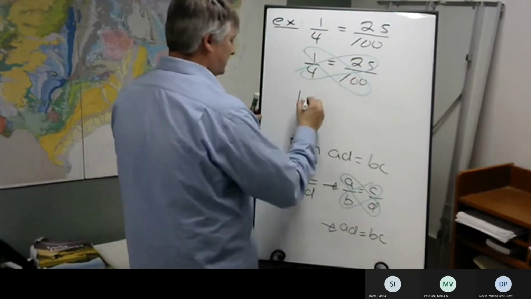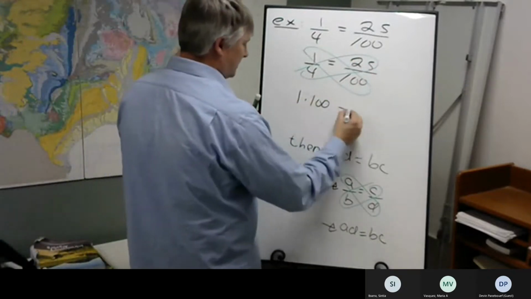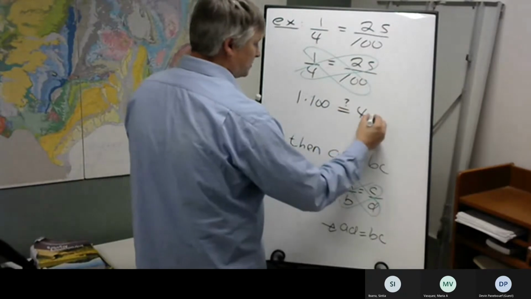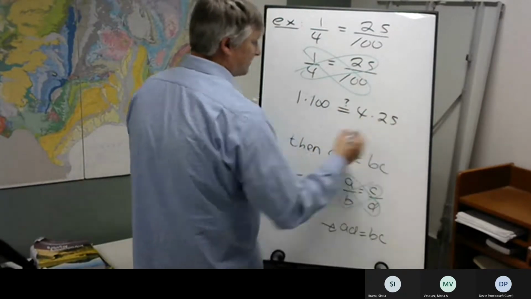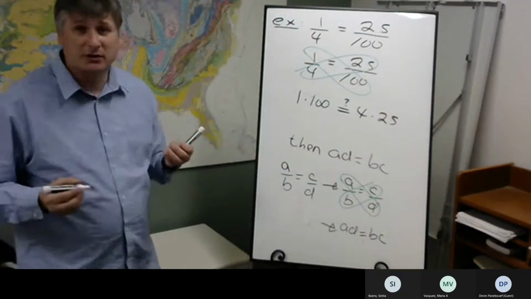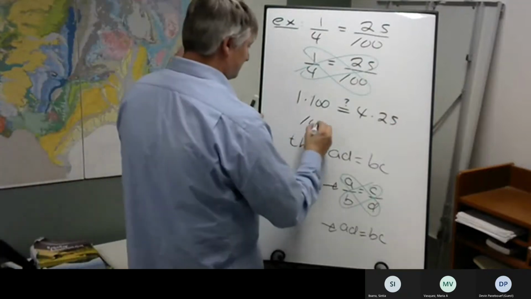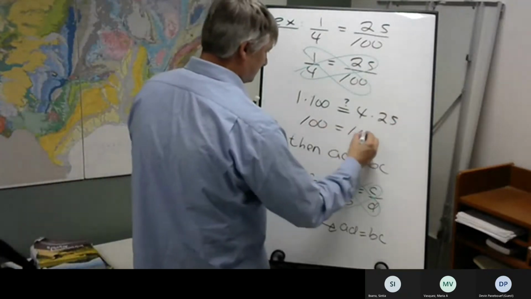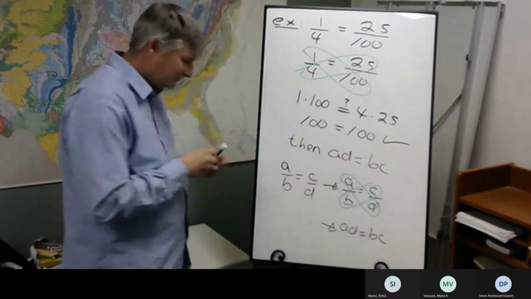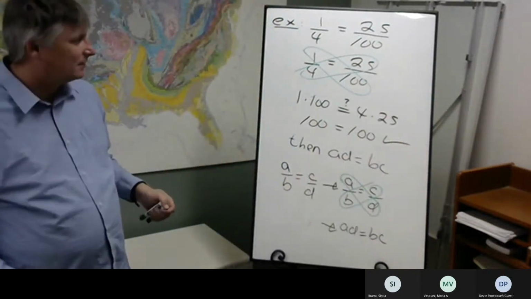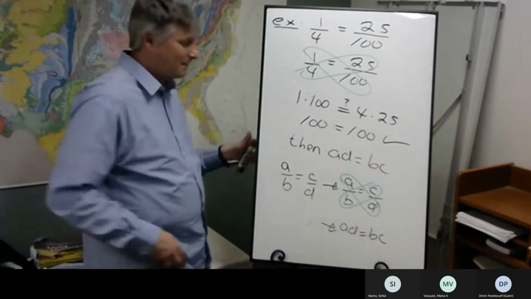So this would say that 1 times 100, is this equal to 4 times 25? And sure enough, it is. So this checks out.